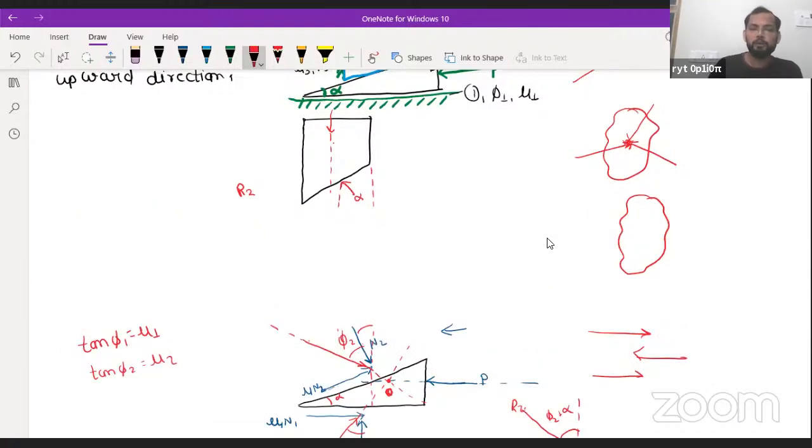So I am drawing the free body diagram. The normal reaction will act normal to the surface, so this will be N2. This will be the friction, mu N2. So the friction force will act something like this.